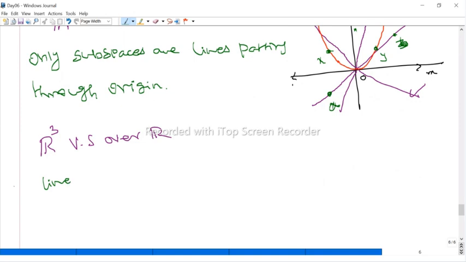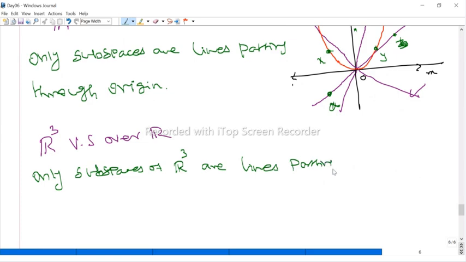So the only subspaces of R3 are lines passing through origin, or planes passing through origin.